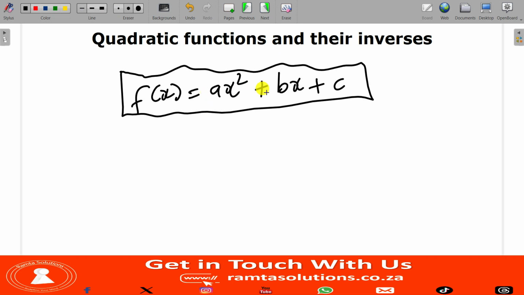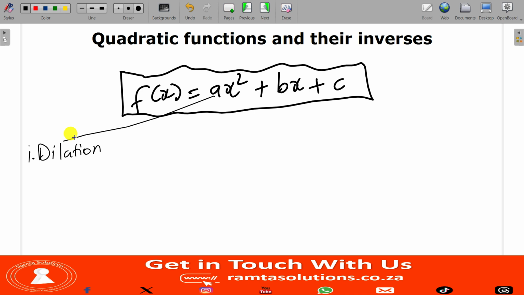Now, let's look at what these parameters are representing, especially the a and the c. This a represents the dilation of the curve. If a is greater than or equal to -1 but less than or equal to +1, it'll be a narrow curve.